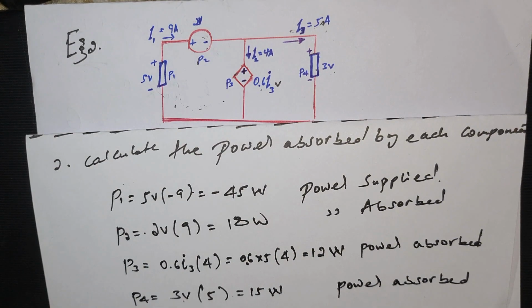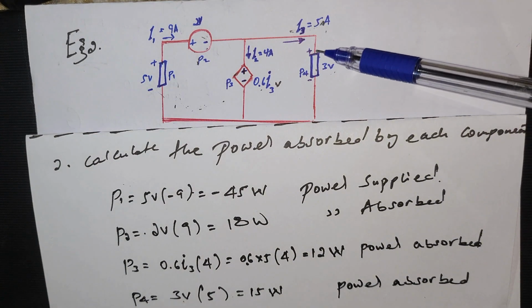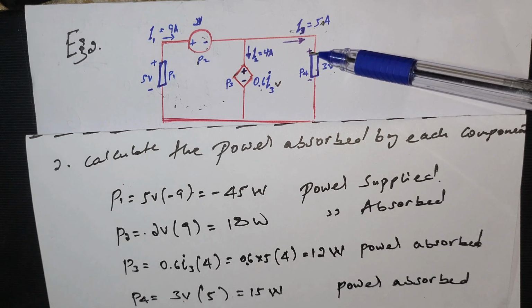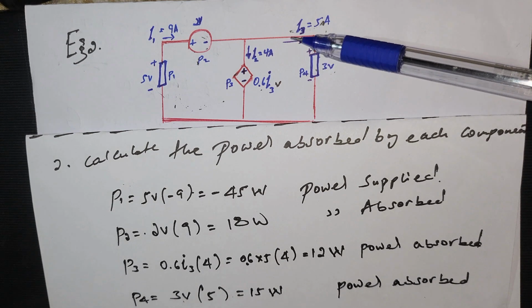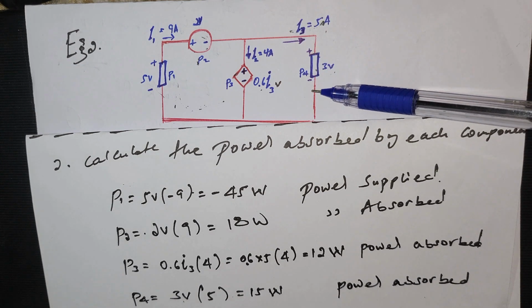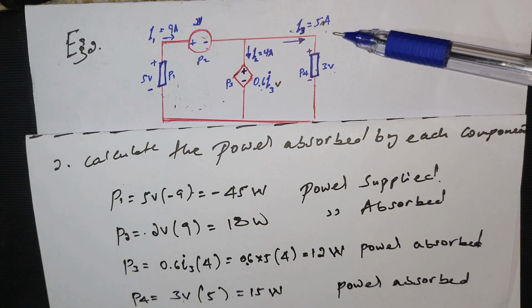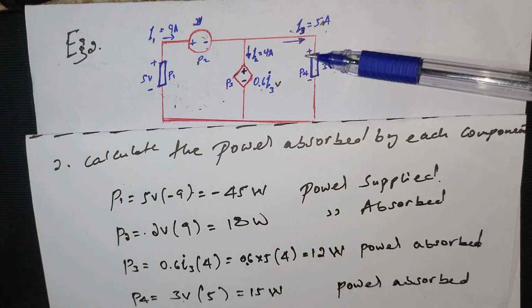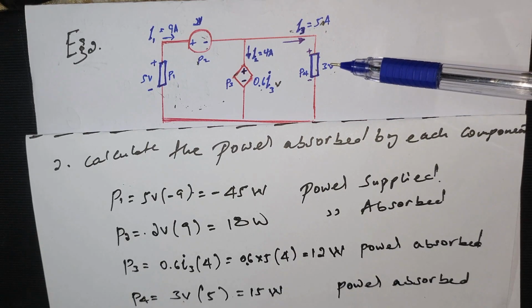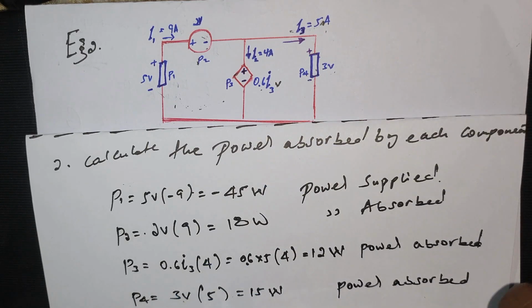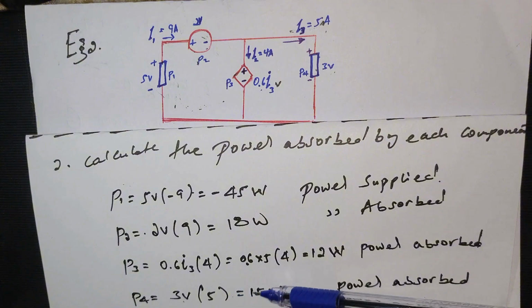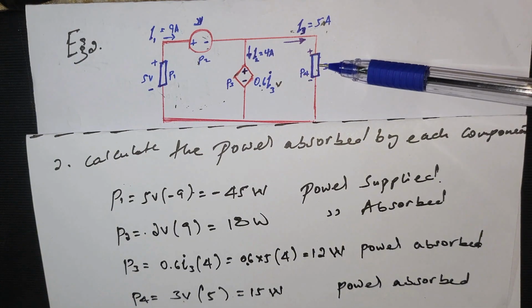For P4, the direction of the current is aligned with the edge, so the current enters into the positive terminal to the negative terminal. The current will be positive, given by 5 ampere. The voltage across the component is 3 volt. So the power is simply 3 volt times 5, which will be 15. Power is absorbed by this component.